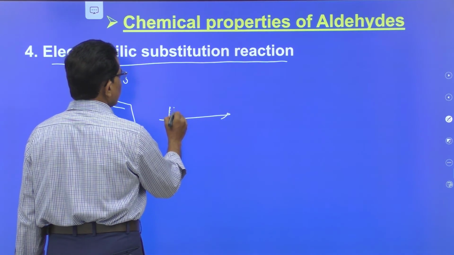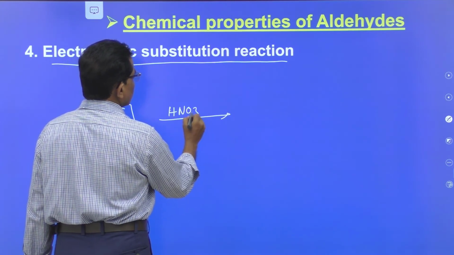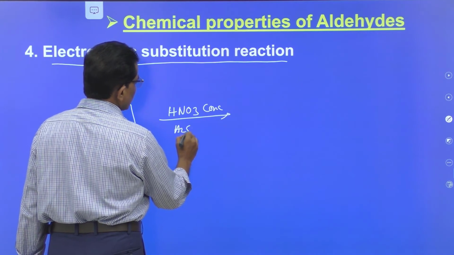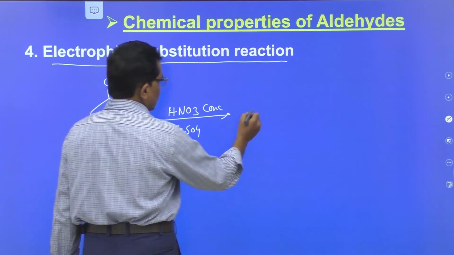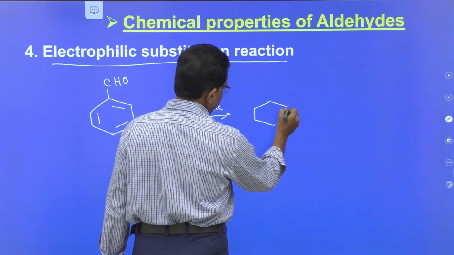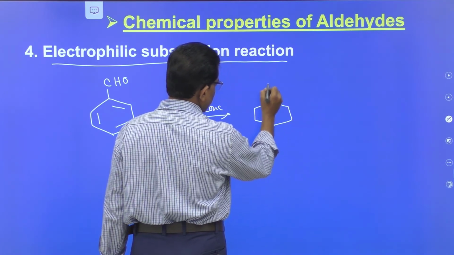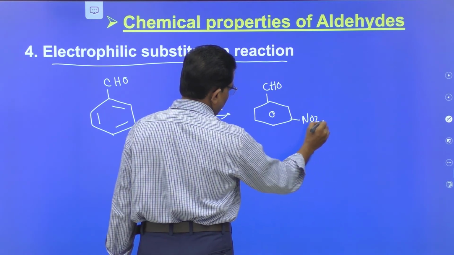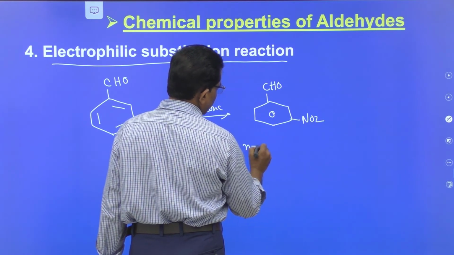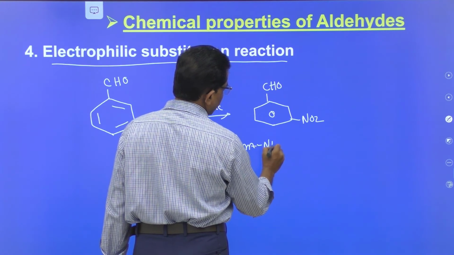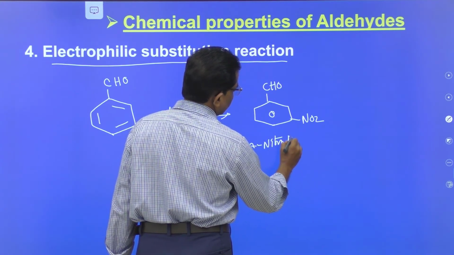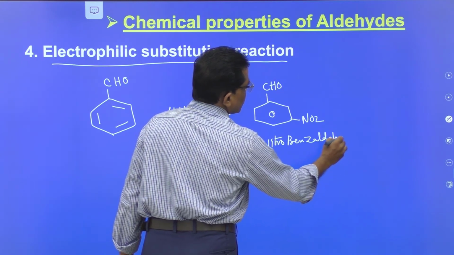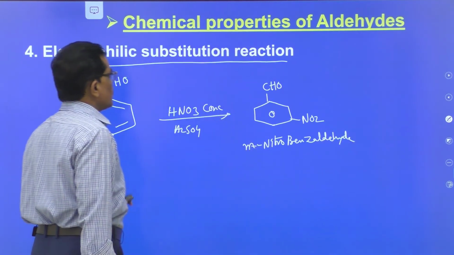Nitration mixture, you know very well, is concentrated HNO3 and H2SO4. Then you will get a nitro group substituted at the meta position, NO2. This is m-nitrobenzaldehyde.